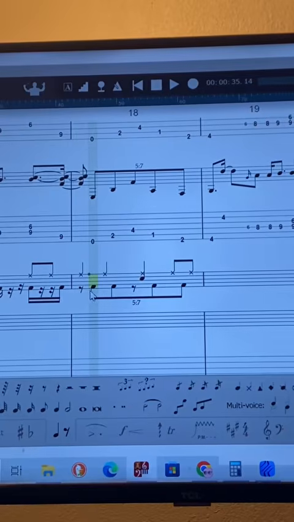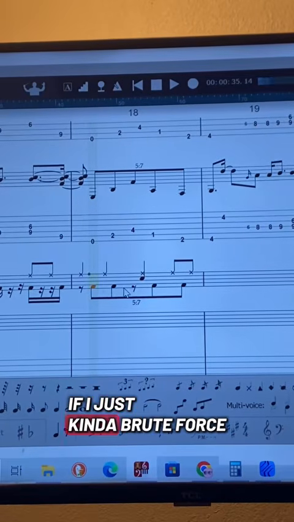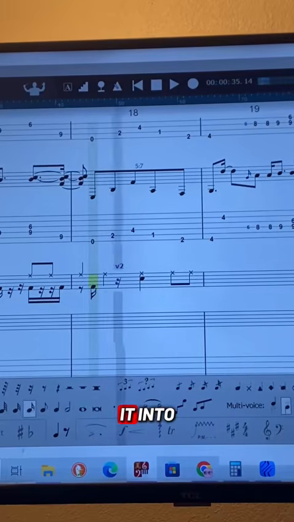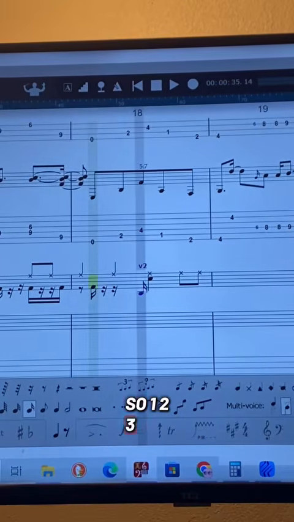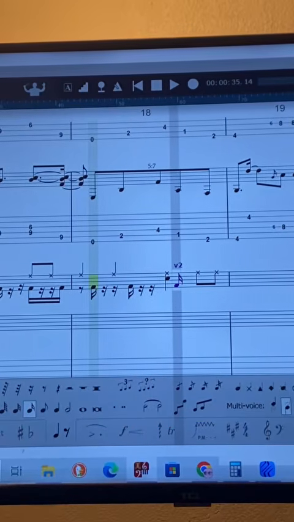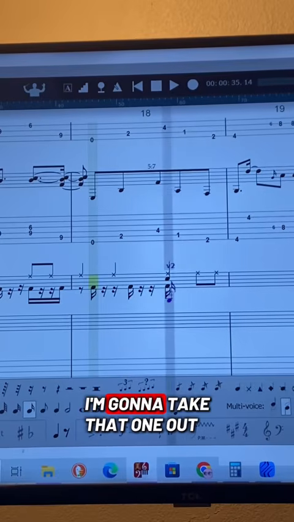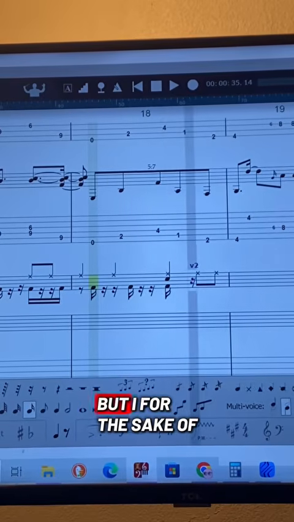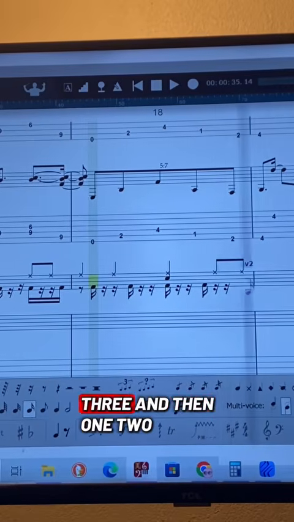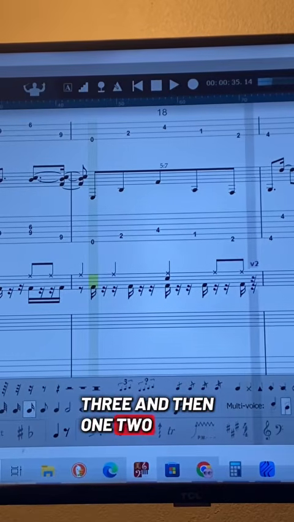Now, if I just brute force this for a second and make it into 1, 2, 3, 1, 2, 3. I'm gonna take that one out eventually, but I have it for the sake of the bit. 1, 2, 3, and then 1, 2.